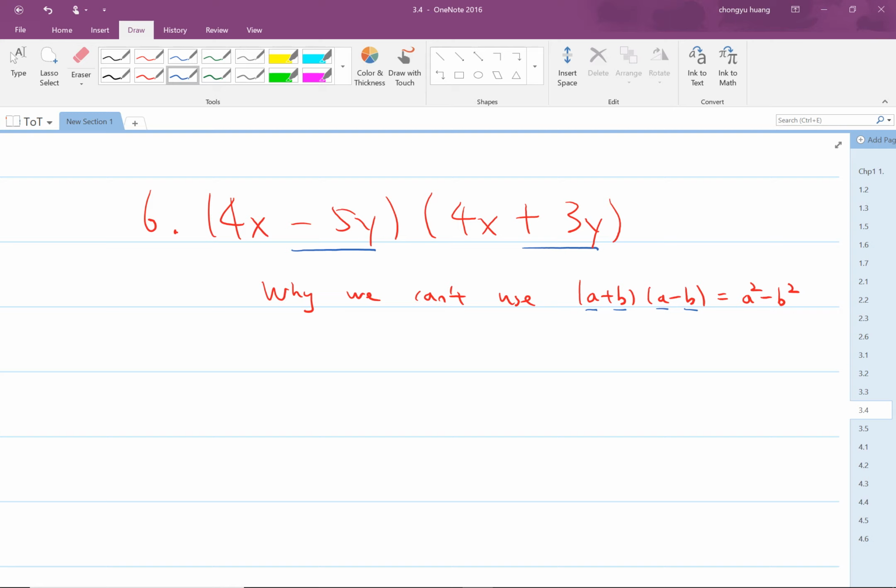But it requires you to have the same A and B. In this question, although we do have the same A, we have different B, so that's why we are not able to use this property over here.